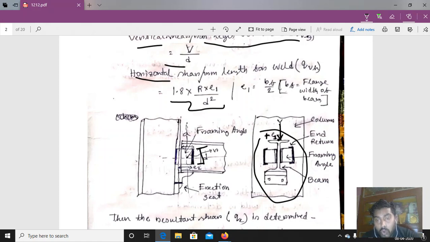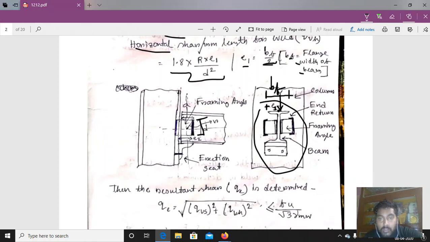So, the value of E1 will be BF by 2. This whole section is BF, so it will be BF by 2. BF is the flange width of the beam, so we can calculate E1 from here.